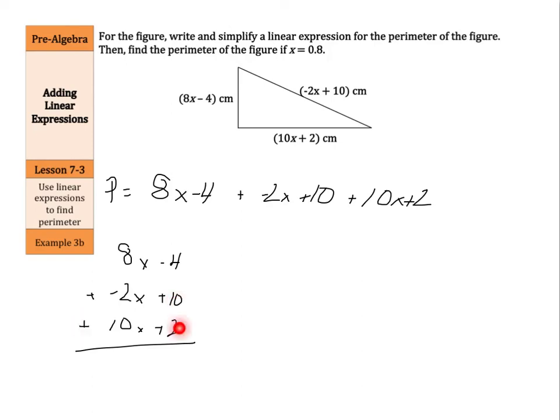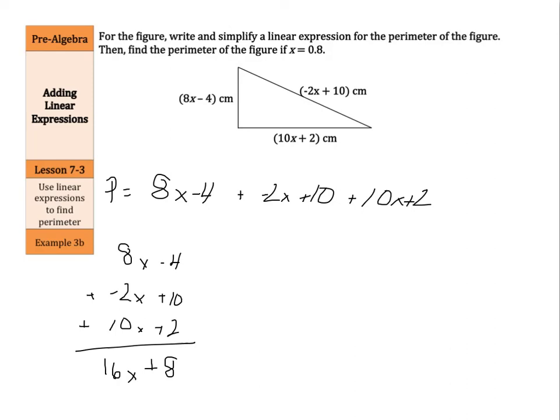And 6 plus 2 is a positive 8. Then we have 8x plus a negative 2x. Well, 8 plus negative 2 is positive 6x. And 6x plus 10x is 16x. So we have 16x plus 8. Again, that's one way of writing this.